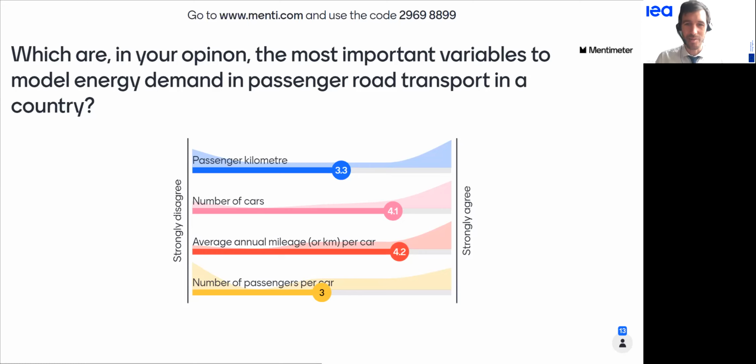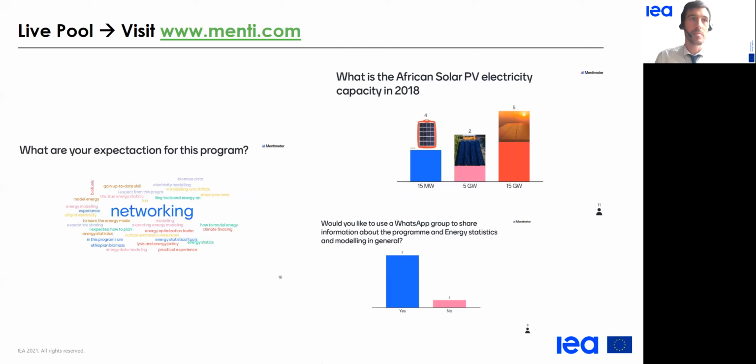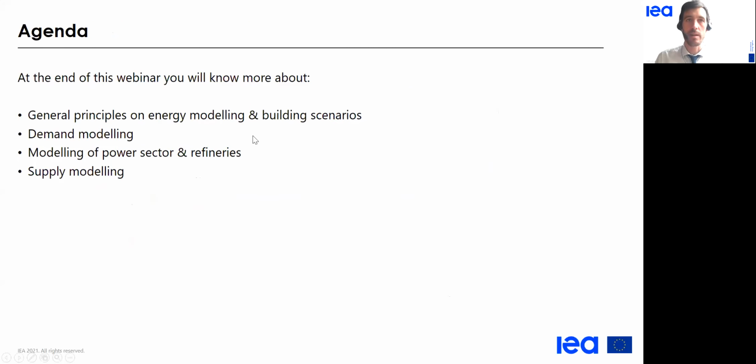Okay, so coming back to our presentation. Today we'll start with general principles on energy modeling and the rationale behind building scenarios. Then we will illustrate how we can model the demand for energy of the different end-use sectors.